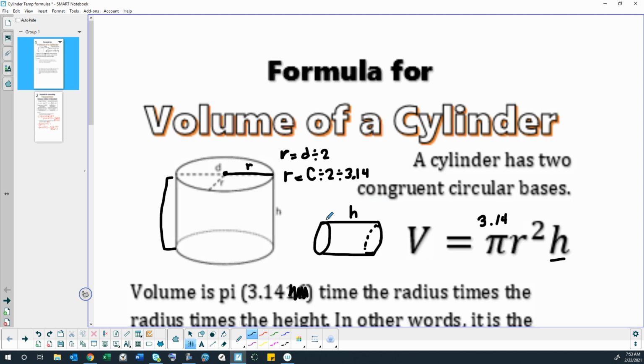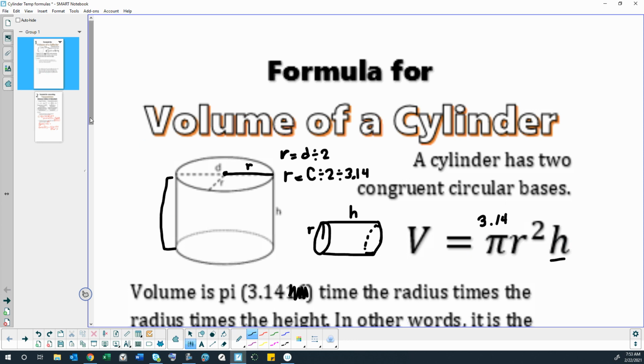Even if it was sideways, it would be more of a width, but we just always call that the height, right? And the radius would be here, and those are the only numbers we need because we know what pi is. So pi is 3.14, and then we put in the radius, we multiply it times itself twice, we put in the height and multiply that, and we have the volume of a cylinder.